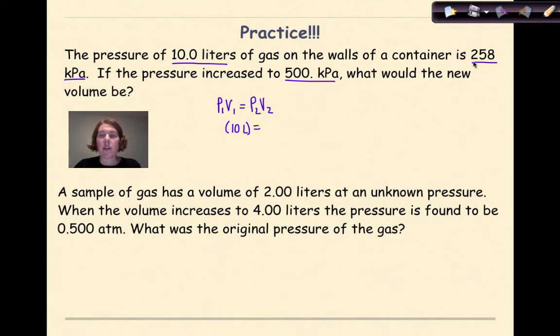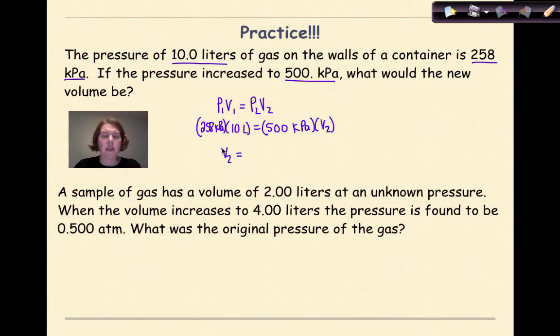And then they tell me my initial pressure is 258 kPa. If the pressure is increased to 500 kPa, what would the new volume be? So 500 kPa. And then I'm looking for my V2, which is my new volume.